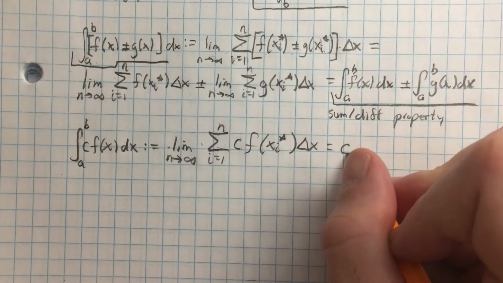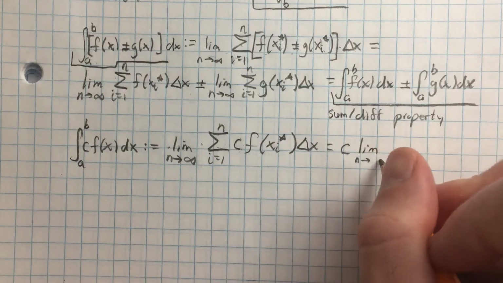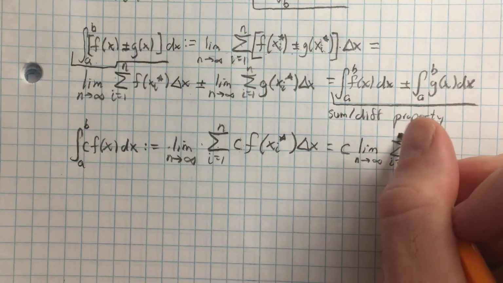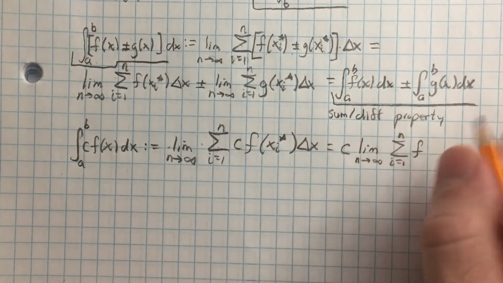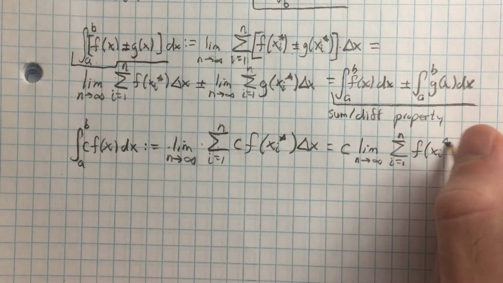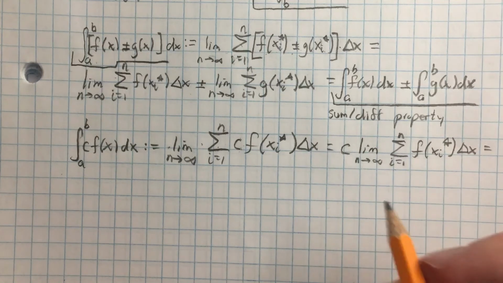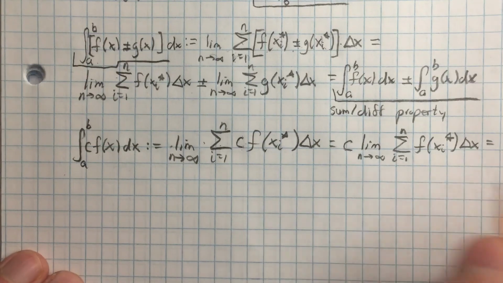So I have c outside both of them. The function, which depends on i, is trapped inside the summation. So xi star is still there, and delta x. But this is, of course, just the definition of integral again, with c on the outside.